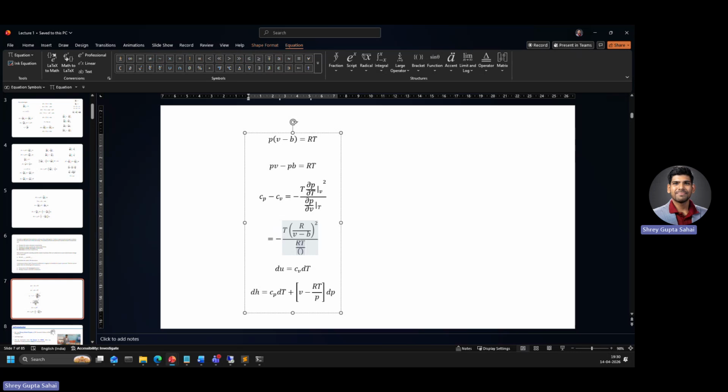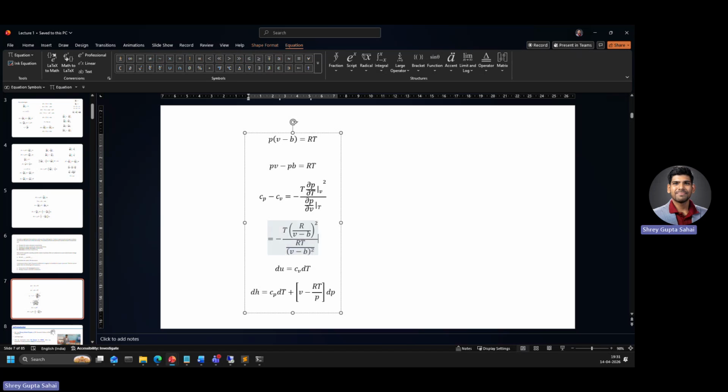Wait a second. At constant P, this will be V minus B squared.